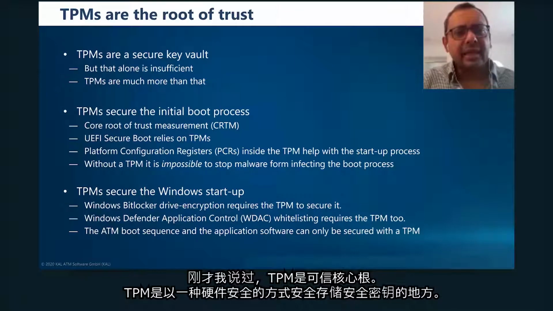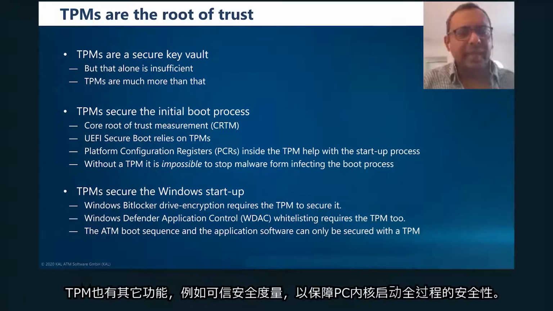As I say, TPMs are the root of trust. It is the place where secure keys can be stored in a hardware secure method. The TPM has several other features, such as what is called the core root of trust measurement, to secure the boot process of the PC core.